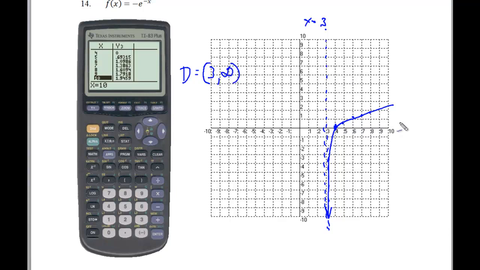The range of this graph is all real, because yes, this goes down. Since this graph is completed, even though the calculator didn't show it, it goes to negative infinity on my y, and then positive infinity on the y, because it's going to get bigger and bigger as it goes along. We're just only looking at this small part of it.